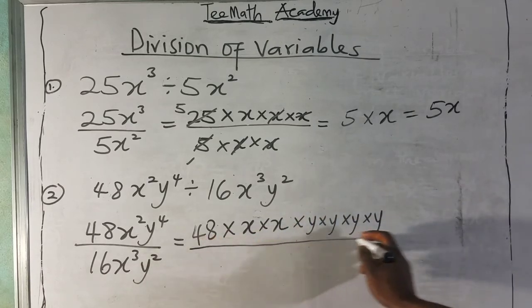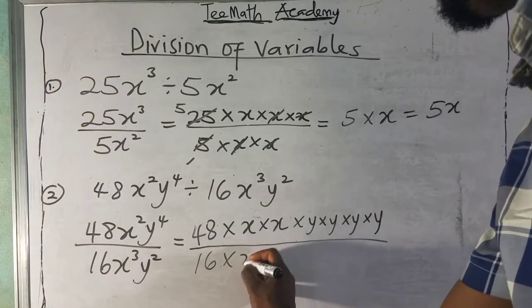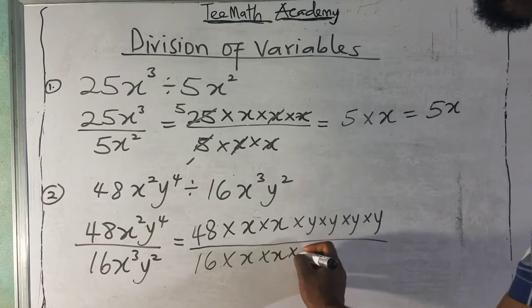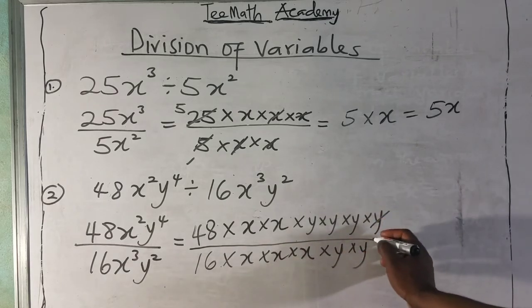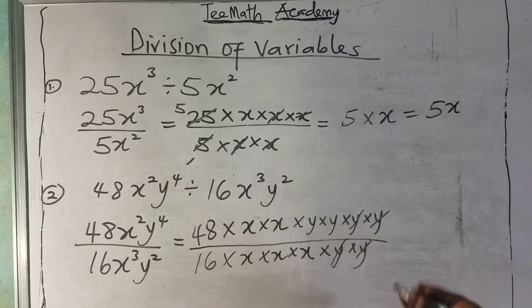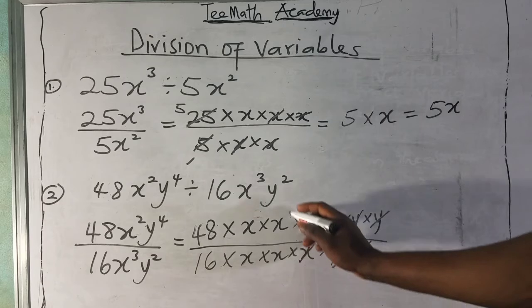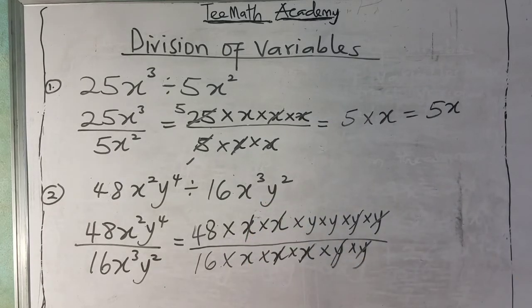Then you do the denominator: 16, s is 3 here, then y is 2, times y times y. Cancel y, cancel y, there's no y left to cancel, so you stop. But let's see, s cancels s, and numbers can cancel each other.